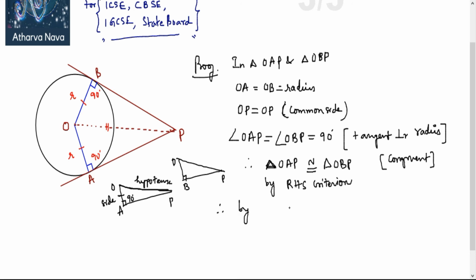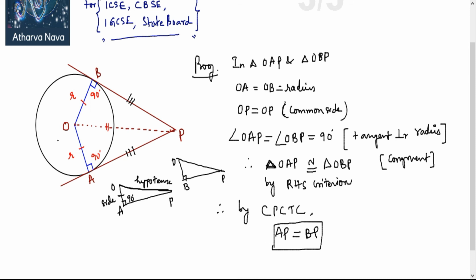Therefore, by CPCTC, corresponding parts of congruent triangles, you can write that the third side, which is AP here, is equal to BP. Of course, we can talk about the angles, but what we require is only the sides. So we can conclude that AP is equal to BP. This is what we wanted to analyze.